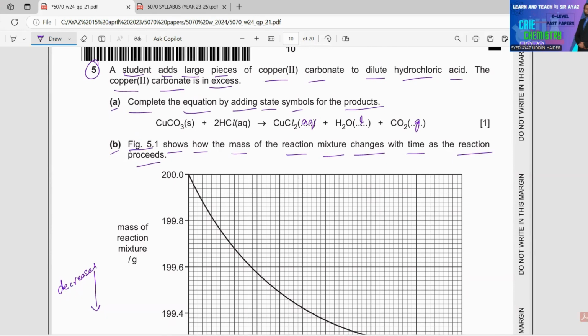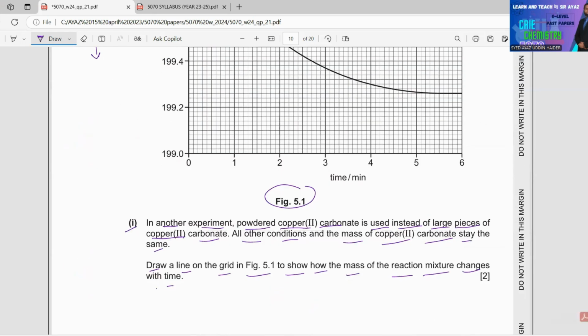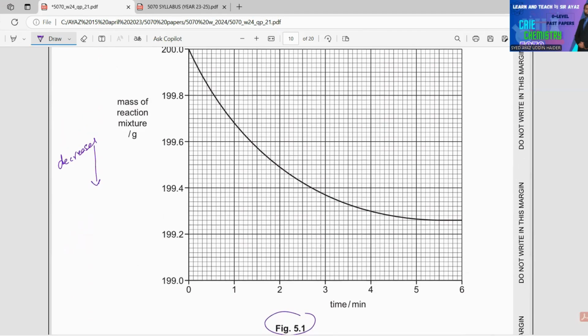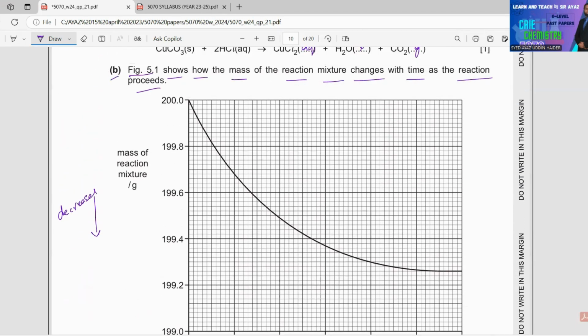Now, initially they are using large pieces of copper 2 carbonate. Now they are using powder form. And you know that powder form has a large surface area, and this also increases the rate of reaction. There are small particles present in the powder form. They are more exposed, so they have better chances to react.